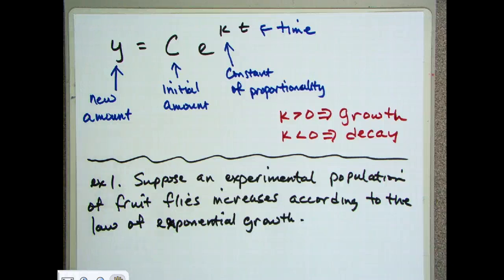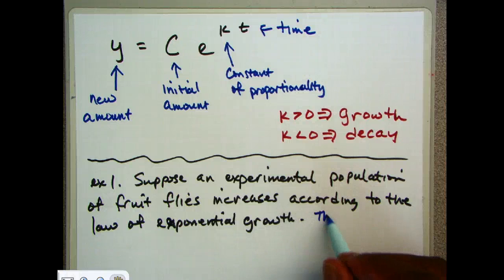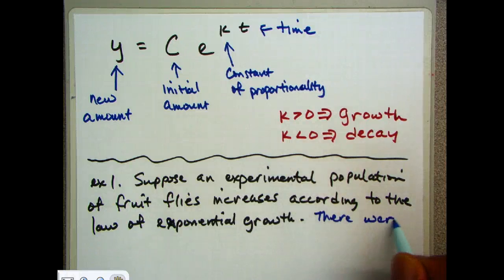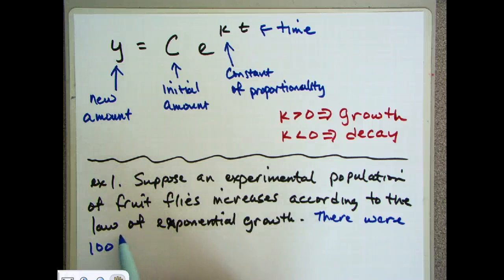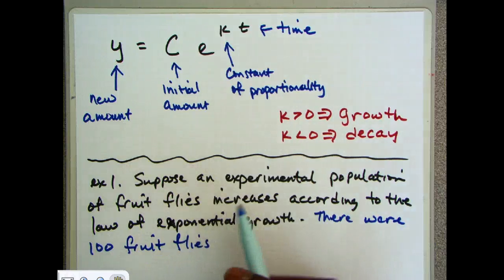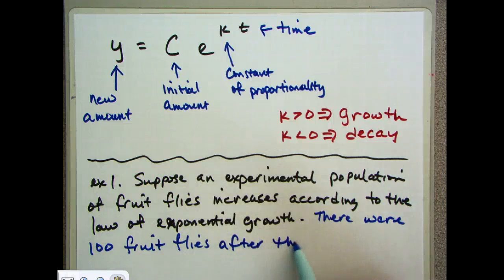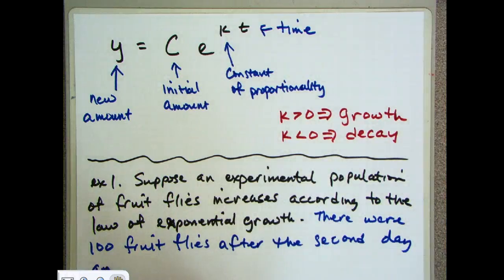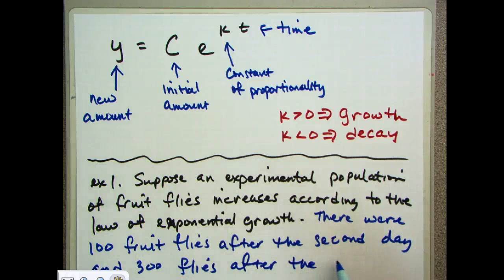Okay, so here's some information that we have on these fruit flies. There were 100 fruit flies after the second day, and 300 flies after the fourth day.